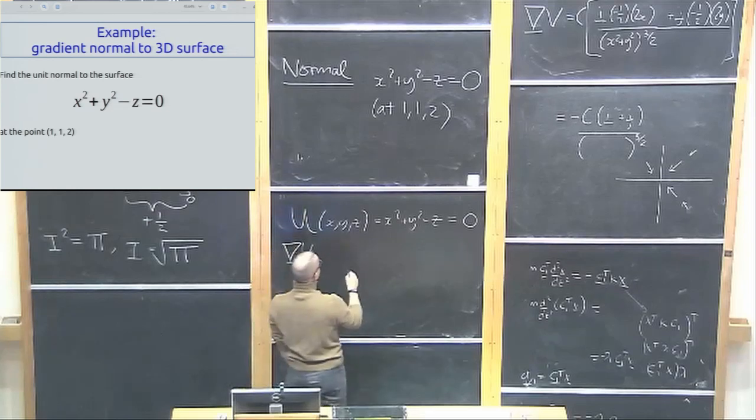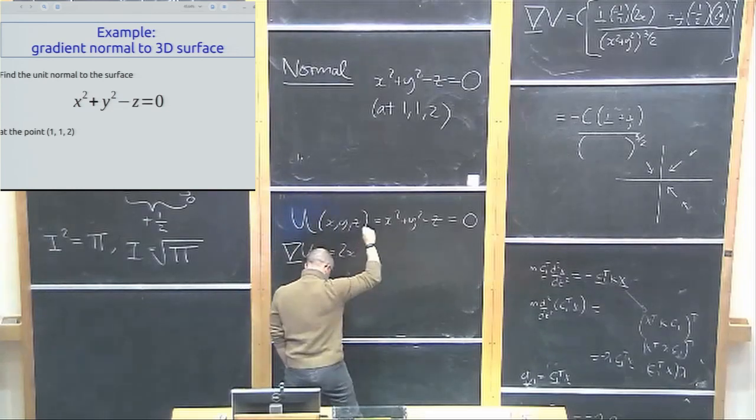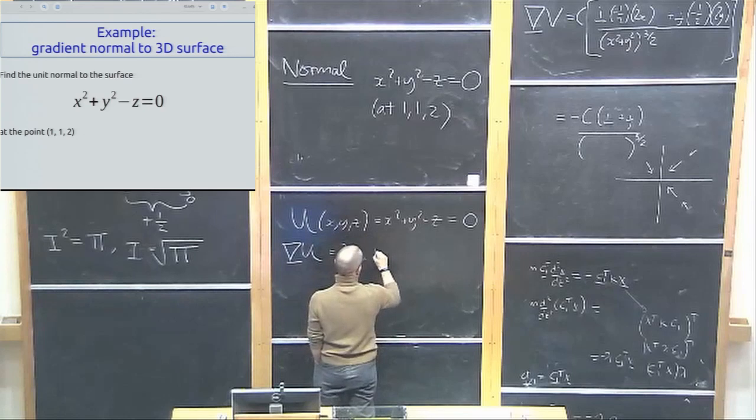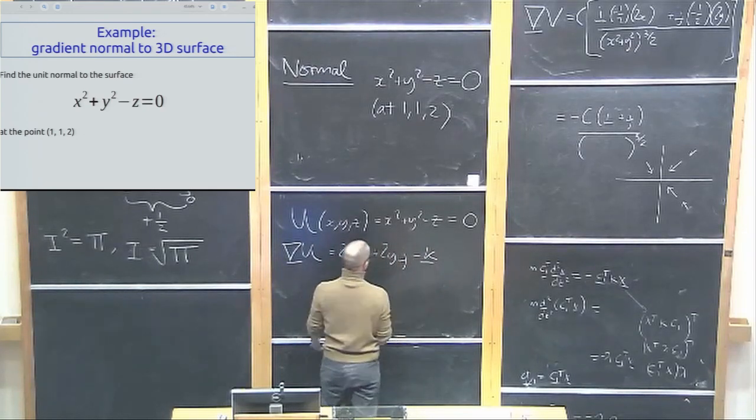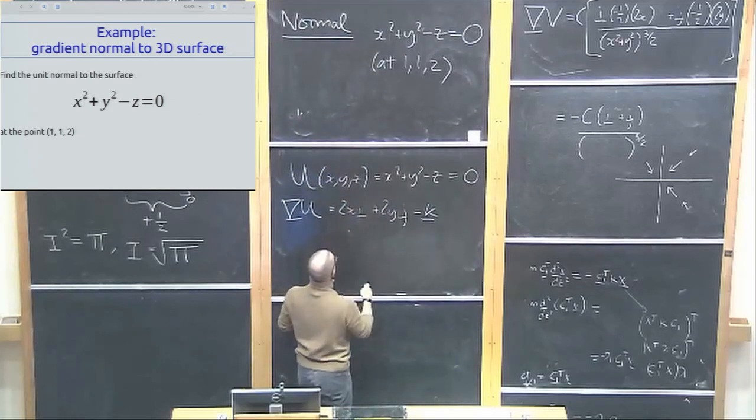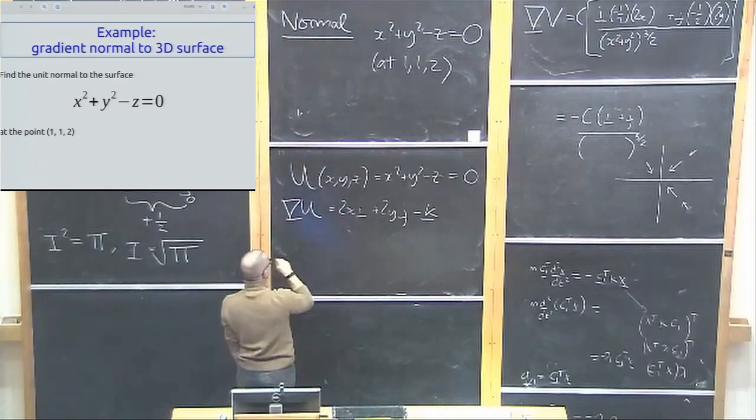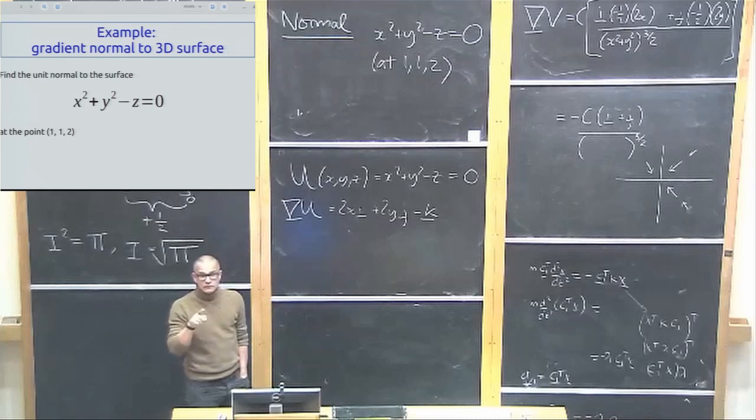So the gradient of my scalar field is going to be 2x in the i direction plus 2y in the j direction minus k. Now, that is a normal to the surface.